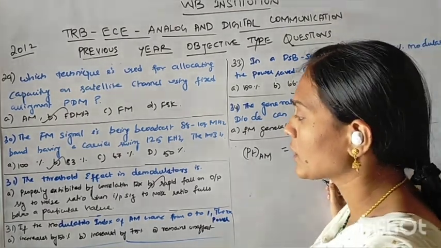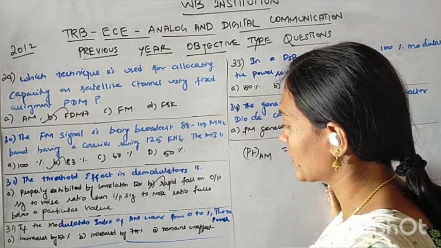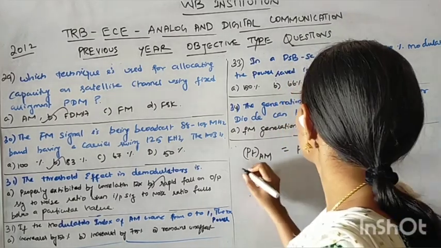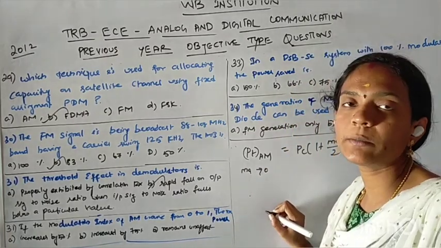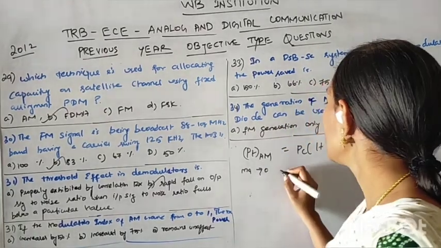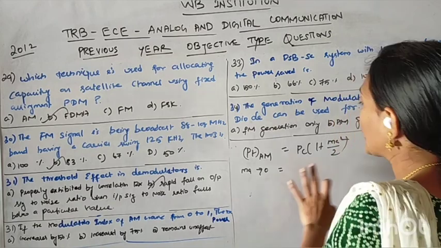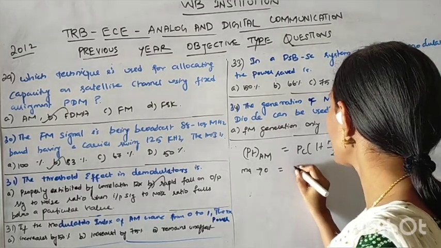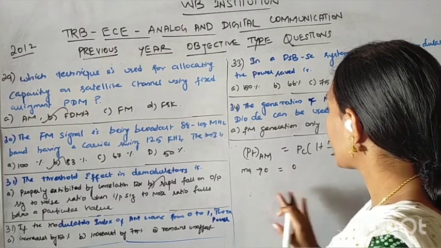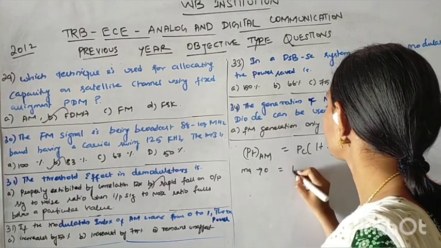The modulation index varies from 0 to 1. When MA is 0, the transmitted power of the AM wave signal is 0.